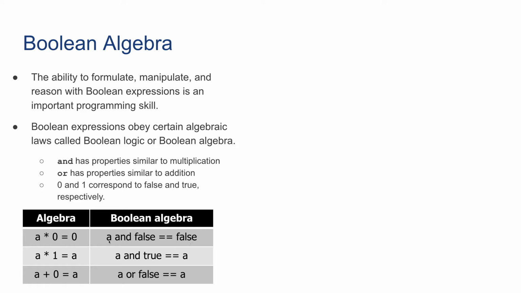A and true is A, A or false is A. Anything ORed with true is true. So A or true is true.